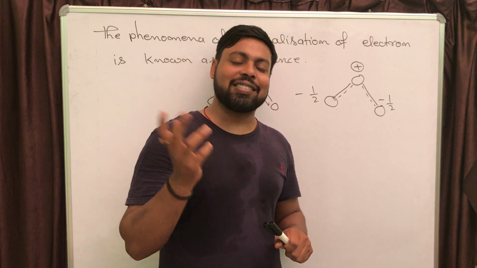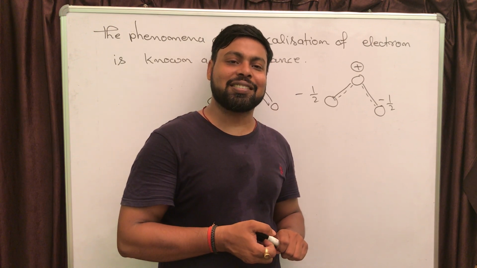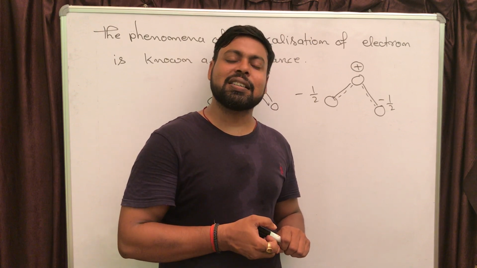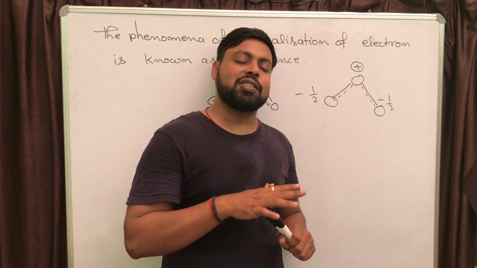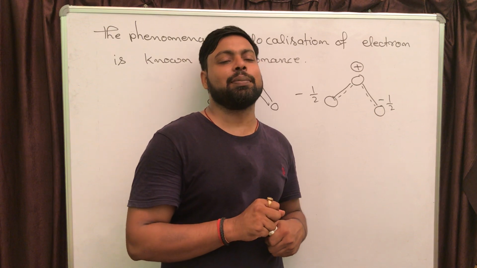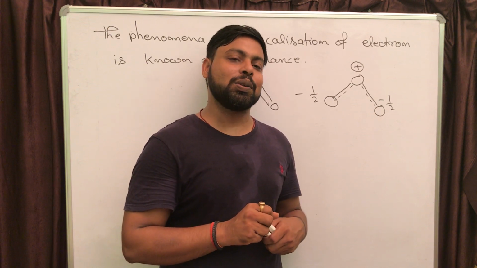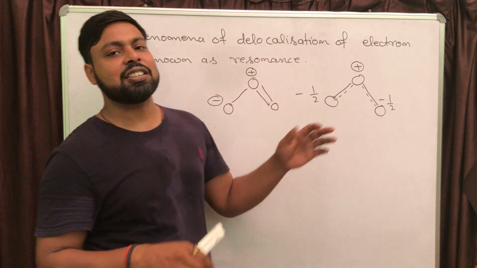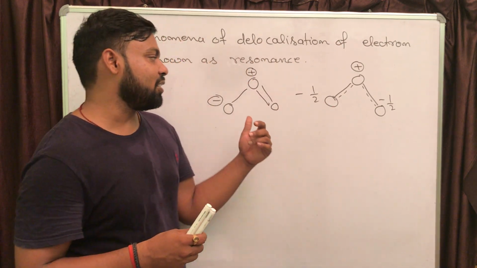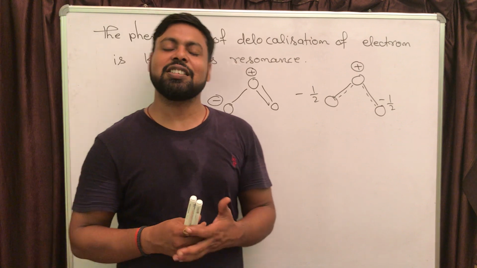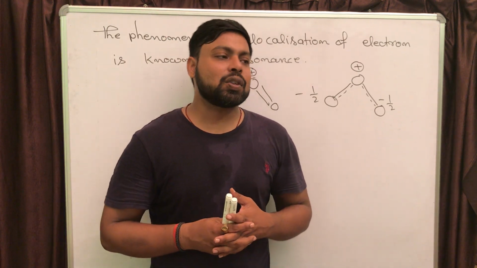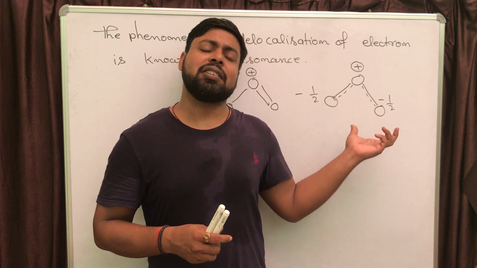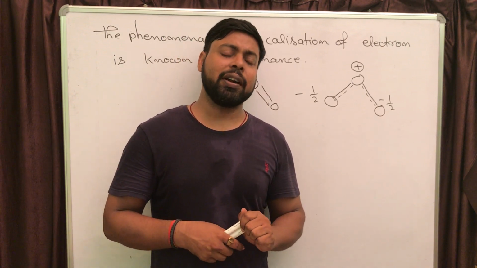So from there I made a statement, and I am repeating it again: the dispersed charge will always be more stable as compared to concentrated charge. So in the hybrid, the negative charge is spread, and in the resonating structure, the negative charge is concentrated. So definitely the stability of the hybrid is going to be more, right?